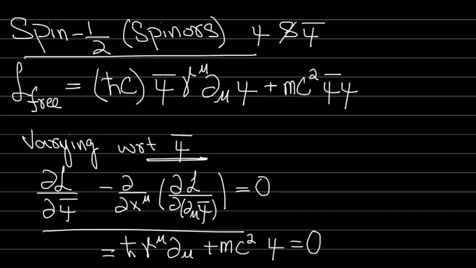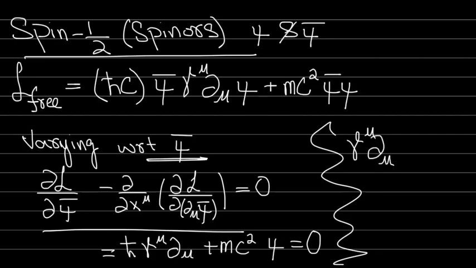And this equation, well, there is a very beautiful notation for this gamma mu, the contraction of gamma matrices, and this four-derivative. I think it was first used by Feynman. It is d slash, right?